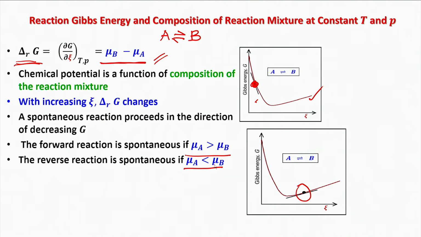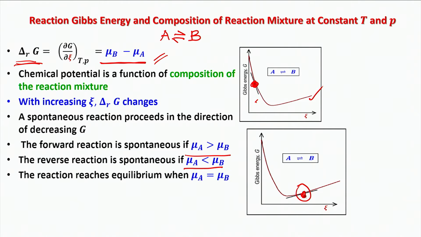In that case, the Gibbs free energy would increase as A converts more to B, and therefore I would say that no, the decrease in Gibbs free energy is associated with B being converted to A, and therefore if I look at the reaction at this point, the reverse reaction is spontaneous.